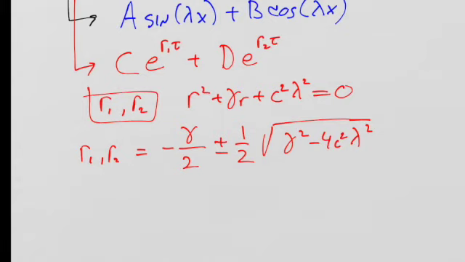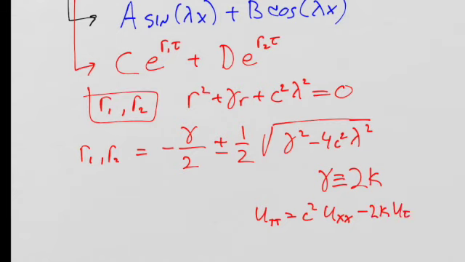So if we decided, instead of calling it gamma, we defined it as 2k, so that in our very first equation we had written u_tt equals c squared u_xx minus 2k u_t, instead of minus gamma u_t.